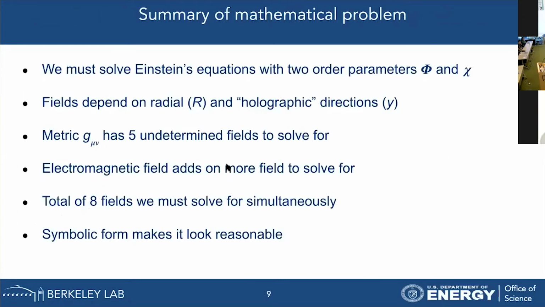The metric for Einstein's gravity has 5 undetermined fields for the system we're describing. I didn't write it down, but we also have an electromagnetic field. Of course we do. We've got a magnetic field. And then finally, we have the additional order parameter I already described. So in total, we have 8 fields to solve for.